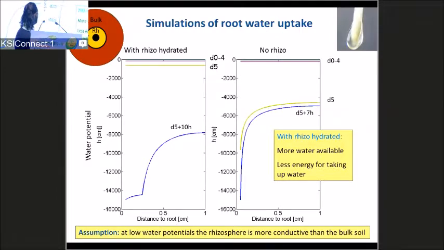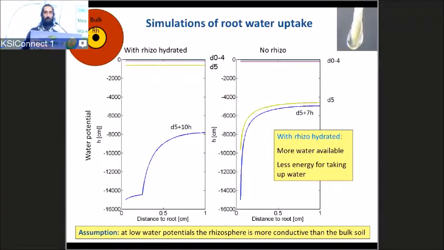Now, in this case, I resimulated the story with mucilage in the soil, so the region close to the root is impregnated with mucilage, and the consequence is that the gradients are not so steep anymore, they're a bit softer.